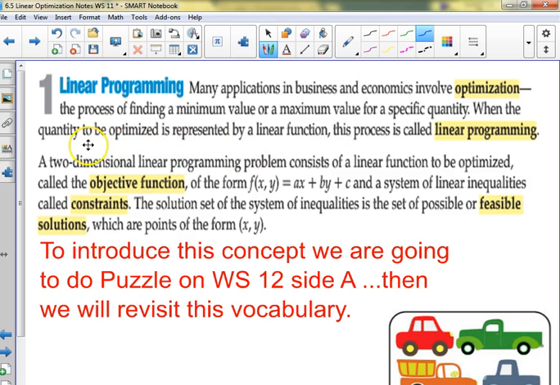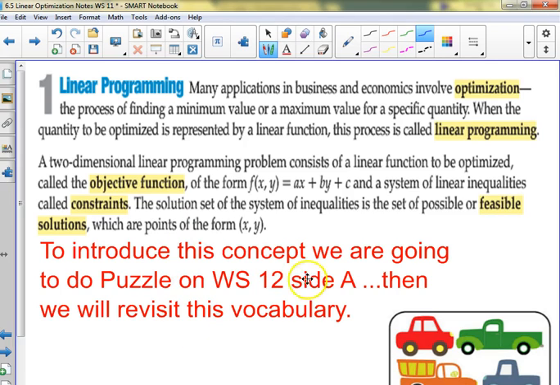And when the quantity to be optimized can be represented as a linear function, it's called linear programming. We're going to talk about what's called an objective function, and we're going to talk about the constraints. All right? We're going to come back to this in a minute.